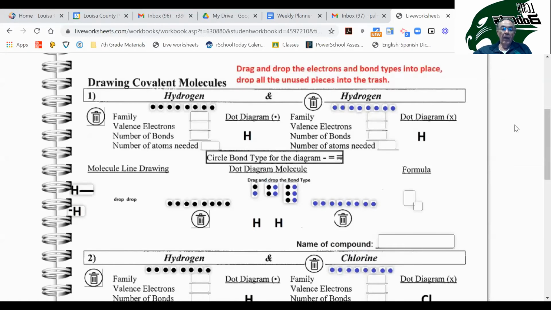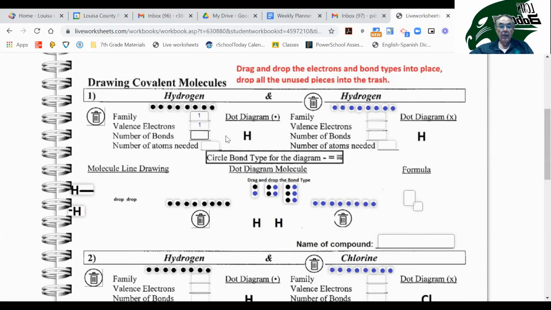Okay, so today I also wanted to go over some of the homework to help you make sure that you're on track. First thing we need to do is look at the periodic table and find that hydrogen is in family 1. It has 1 valence electron.